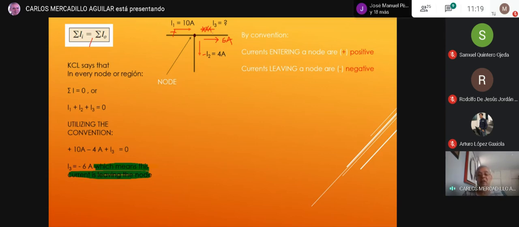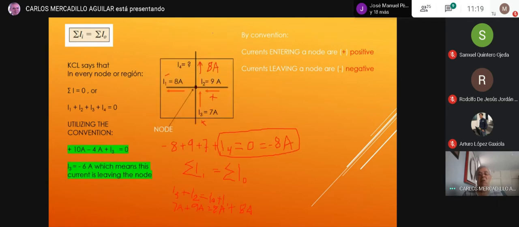Let's make another exercise. It's already solved. In this case, we have 4 currents.